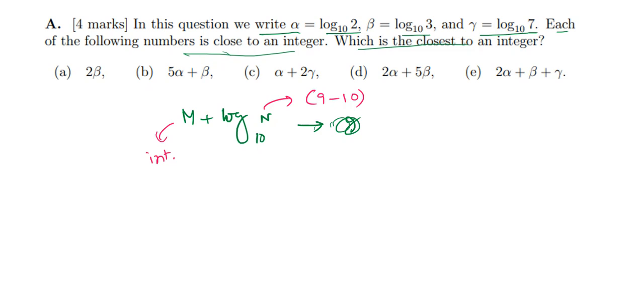So the closest to m plus 1, we should pick the one with n closest to 10. First of all we'll analyze 2 beta. 2 beta means 2 log 3 base 10, that means 3 to the power 2, which is 9, so that can be written as log 9 base 10.